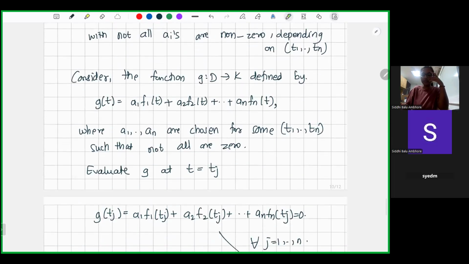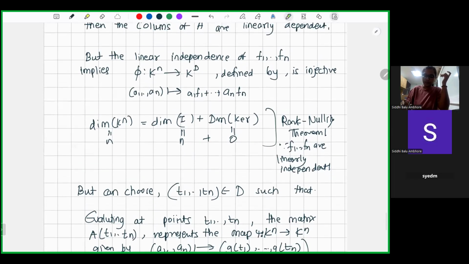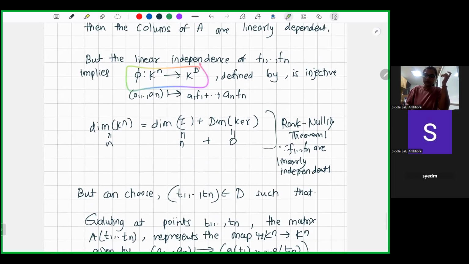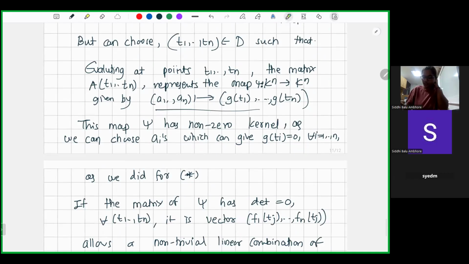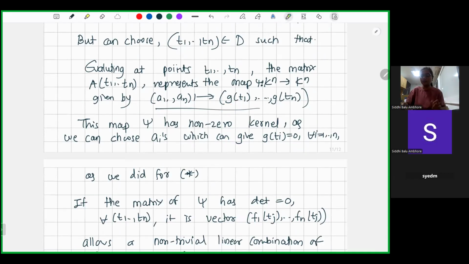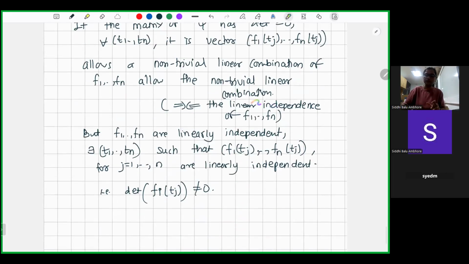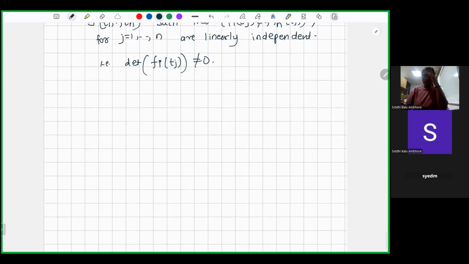And for that, we defined this map psi from K^n to K^n, this evaluation map. And this A1 to An changes with this G. And if this map has non-zero kernel, then we have a problem with the linear independence of F1 to Fn, which is given. Okay. Now the converse is left.